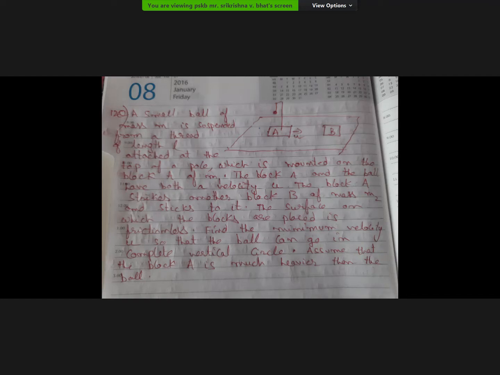M into root 5 GL into M1 plus M2 by M1 M2. M into root 5 GL into M1 plus M2 by M1. M1 M2. M1 M2. Yes.